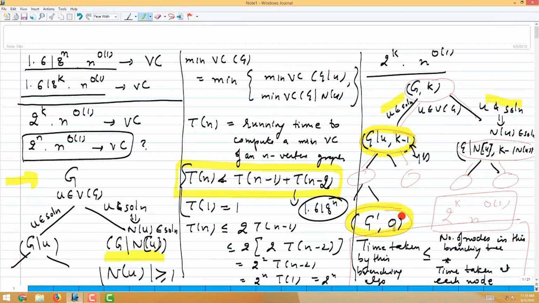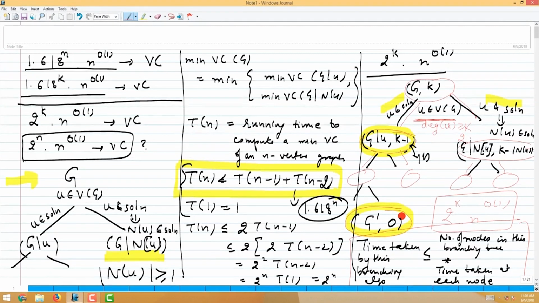But again, note that suppose every time I was finding a vertex of degree at least 1 and branching on it. Suppose instead of finding a vertex of degree at least 1, I find a vertex of degree at least 2 and branch on it. Then what happens?